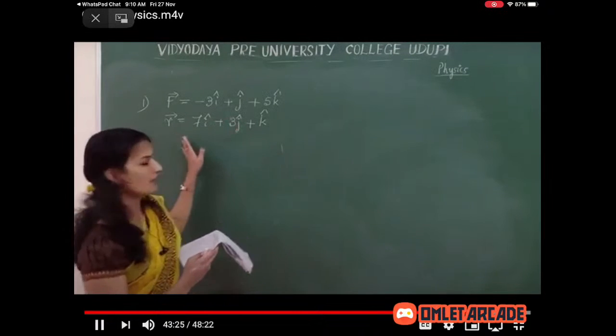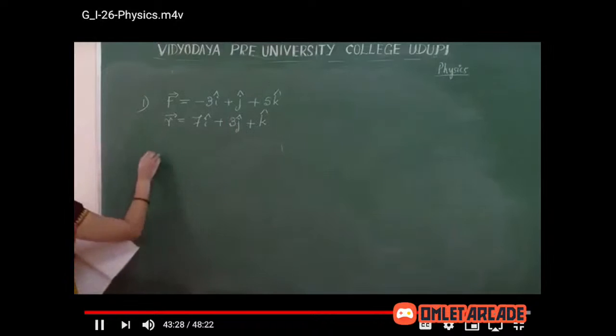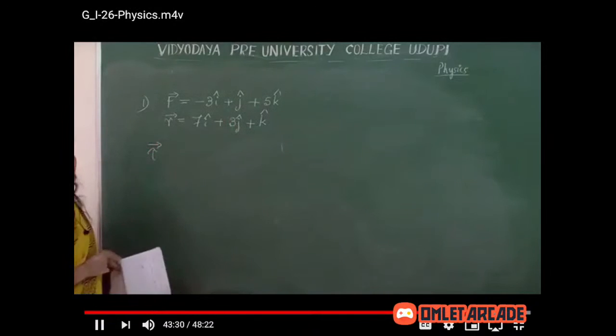A point whose position vector is given. We are supposed to find the value of tau.